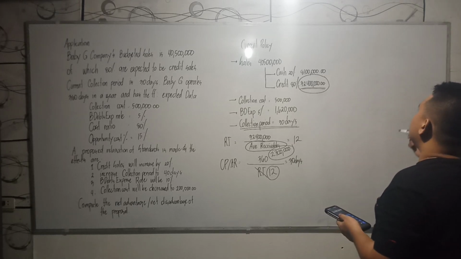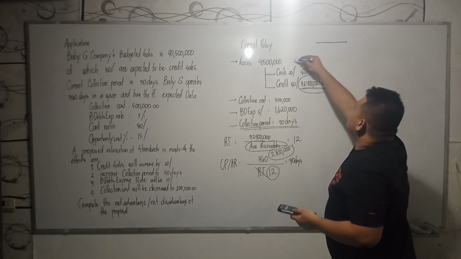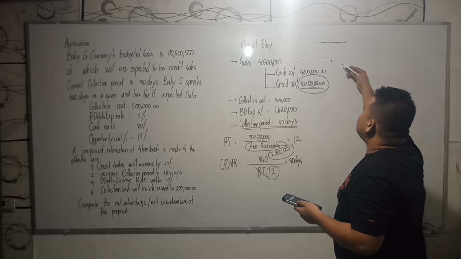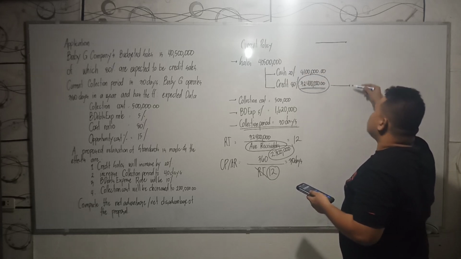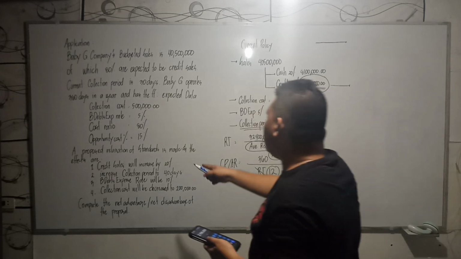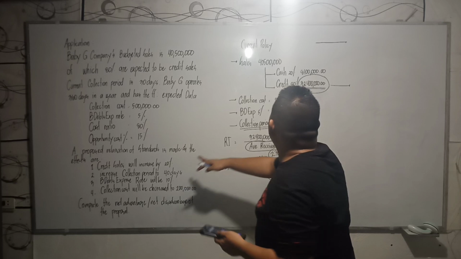Let's do the same with the proposed. On the proposed, let's start with the sales first. Let's not have the total sales, but the credit sales, because according to the problem, credit sales will increase by 20%. So not the total sales, the credit sales only.